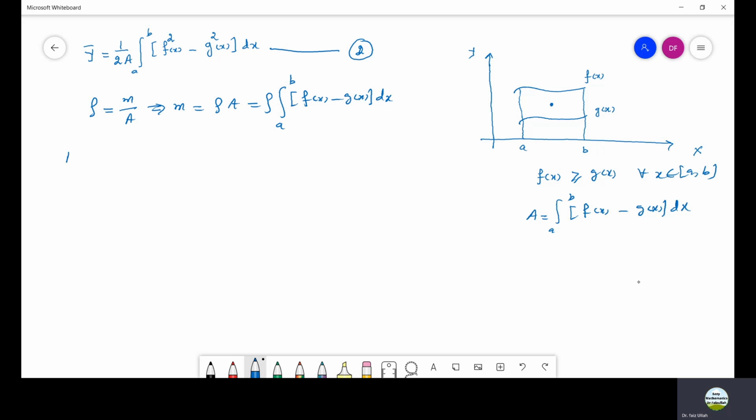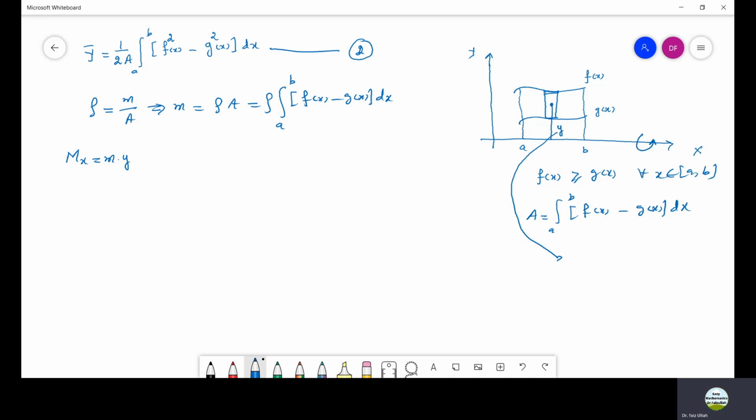The next thing is to find the moment about the x-axis, which is equal to mass into displacement about the x-axis, because this is the moment about the x-axis. So let us consider a small rectangle, and we need to find this distance, which is, let us say, y.